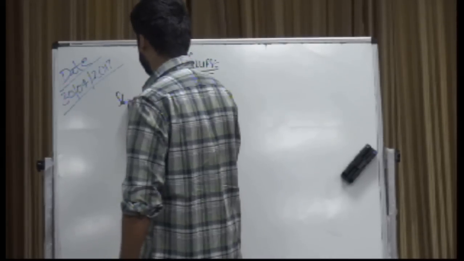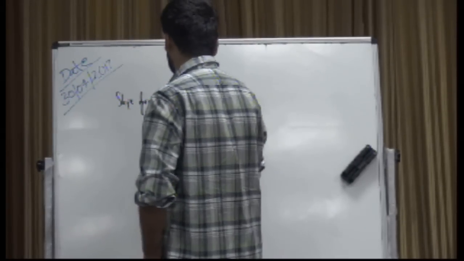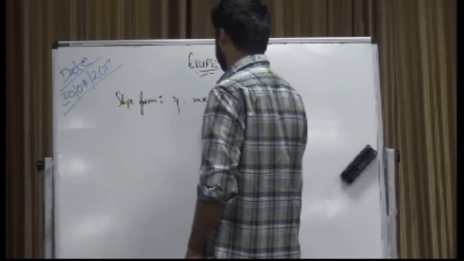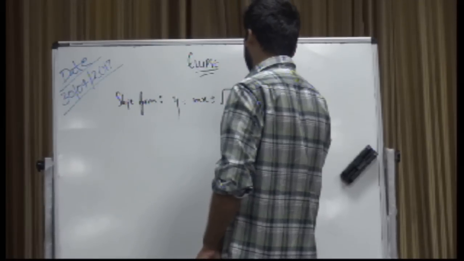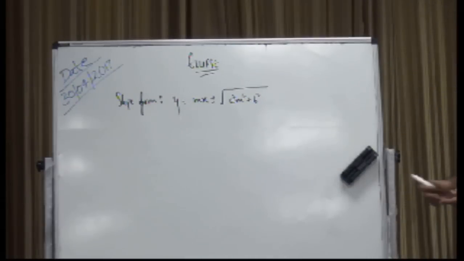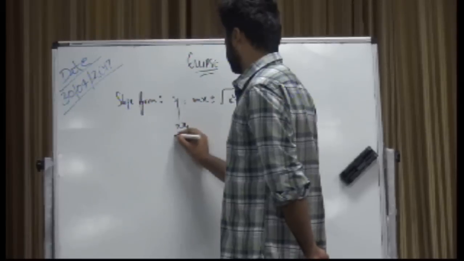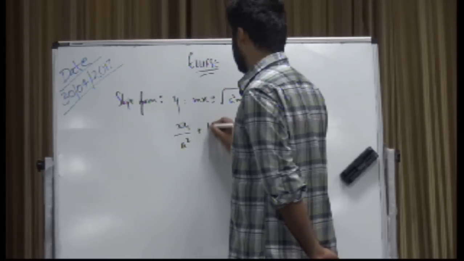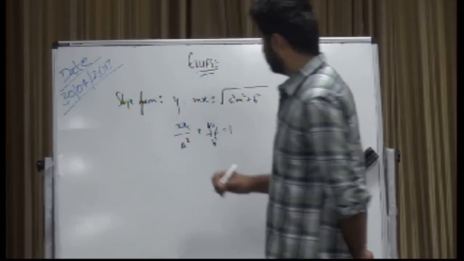Yeah. So the equation of tangent in slope form is given by y is equal to mx plus minus root of a square m square plus b square, right? In the Cartesian form it will be x(x1) upon a square plus y(y1) upon b square is equal to 1.